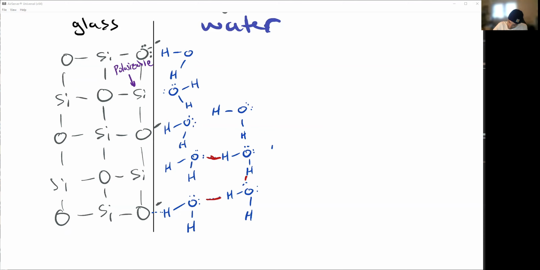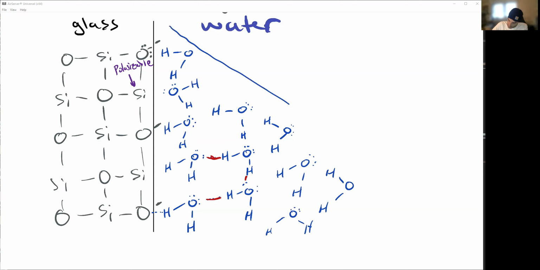I'm exaggerating a little bit here, but you get the idea, and it just continues on. What you notice is these water molecules climb the surface, and there's our curve.